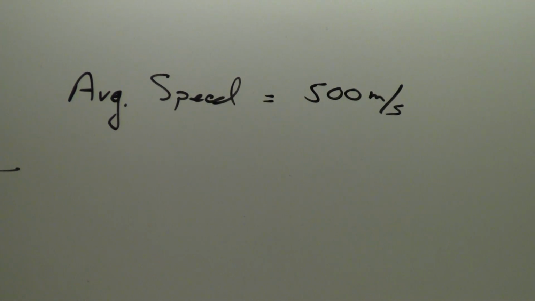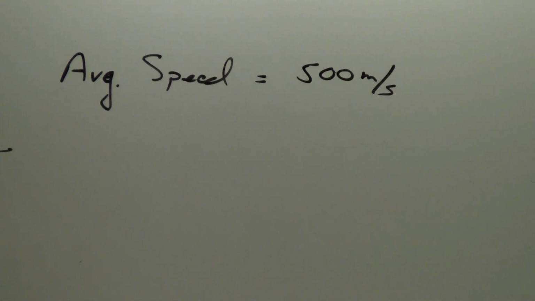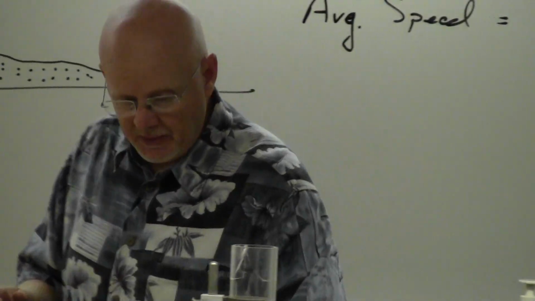And this is incredibly fast. This is 1,100 miles per hour. This is incredibly fast. And so that's roughly this average speed. But did you catch that I said average? See, the reason that's important is because like these BBs bouncing around, I'll show you again here.